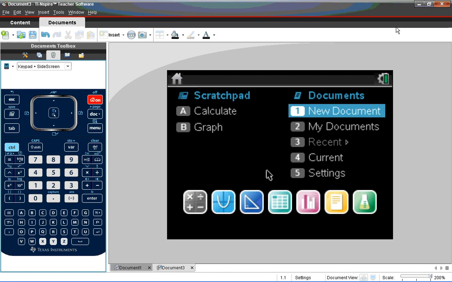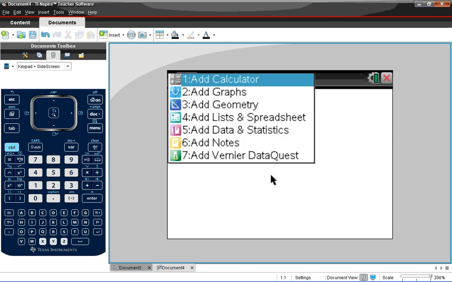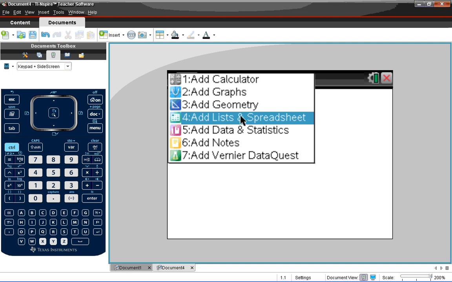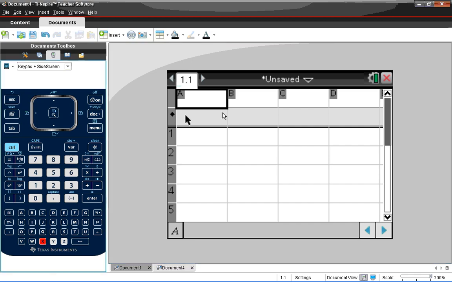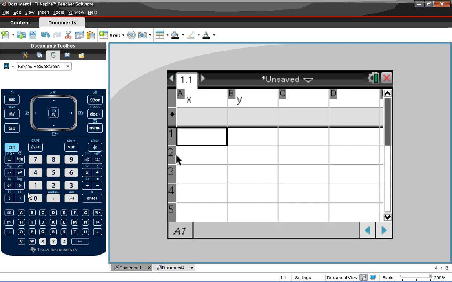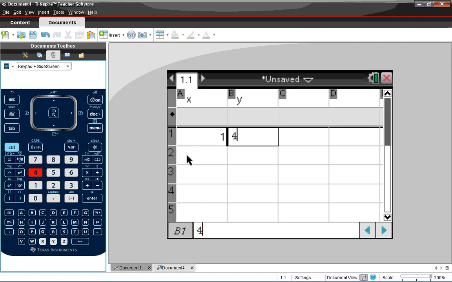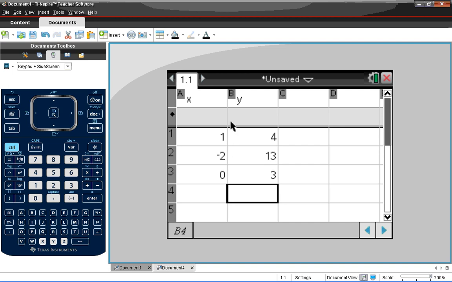So again, starting from the home screen, we're going to go to a new document, say no to save, add lists and spreadsheets, label the columns X and Y. So we had the point 1, 4, so there's 1, 4, we had the point negative 2, 13, and finally the point 0, 3. So we've got the values in there. Now we just need to get the equations.